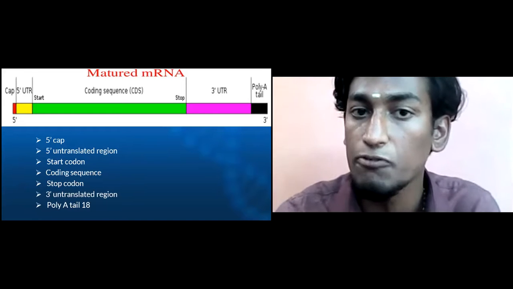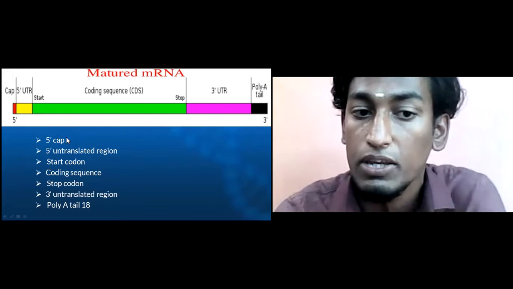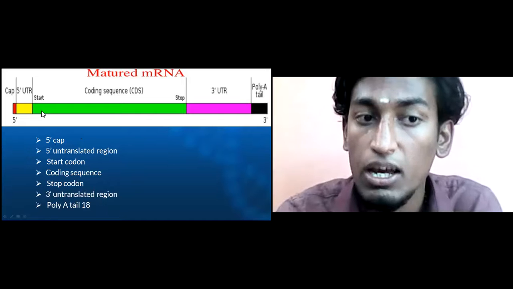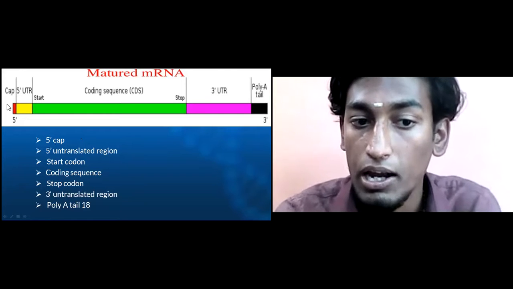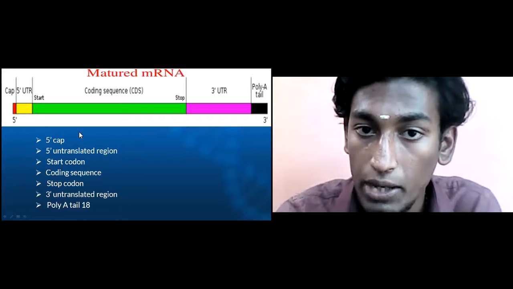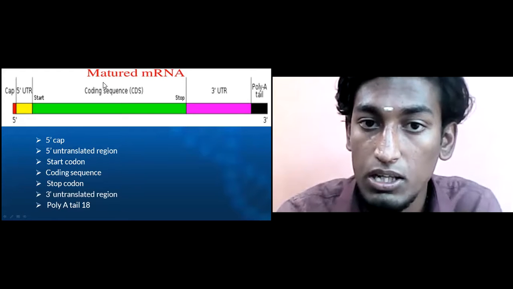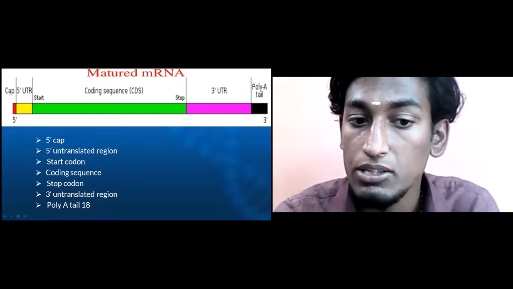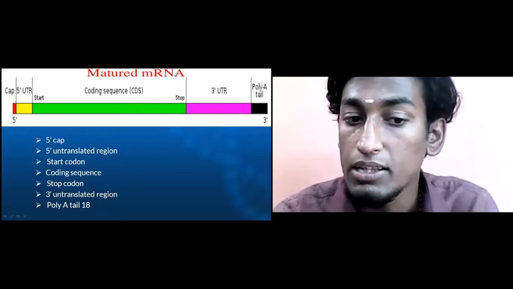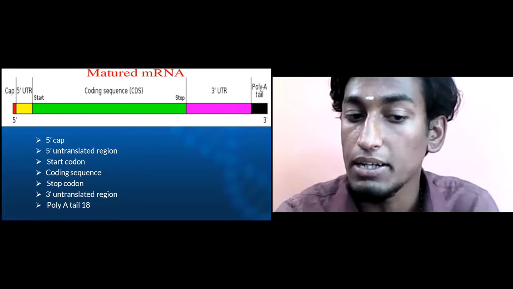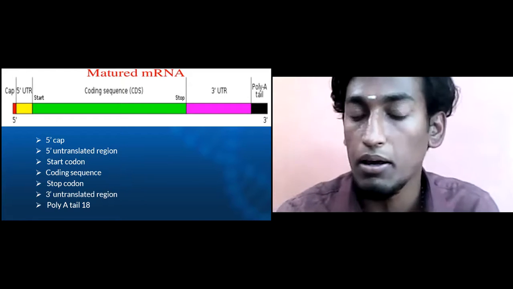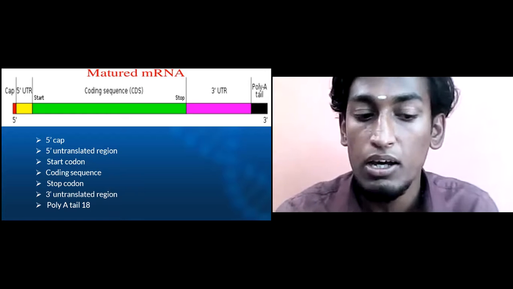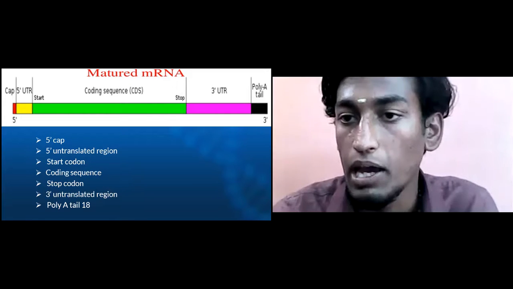This mature mRNA consists of the 5' cap, the 5' untranslated region or 5' UTR, a start codon with the coding sequence, the CDS, the stop codon, the 3' untranslated region, and a poly-A tail at the end. This is a mature mRNA. This is all about mRNA processing.